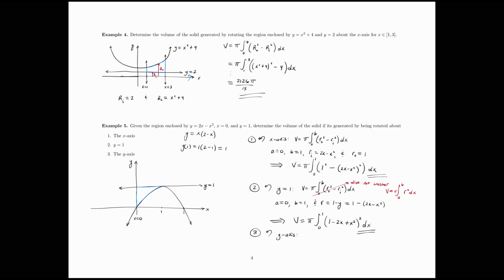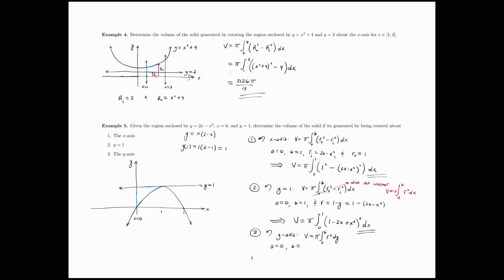So for rotating about the y-axis using discs or washers, this is pi times the integral from a to b of our radius squared dy, since we are rotating about a vertical axis. So this is the slight complication, that we need to integrate with respect to y instead of x. Our a is the lowest y value, which is 0.